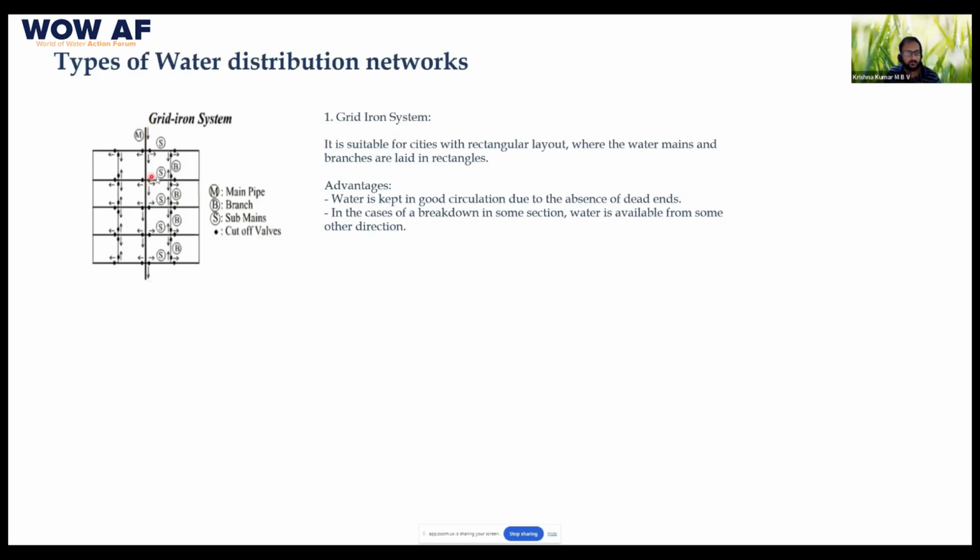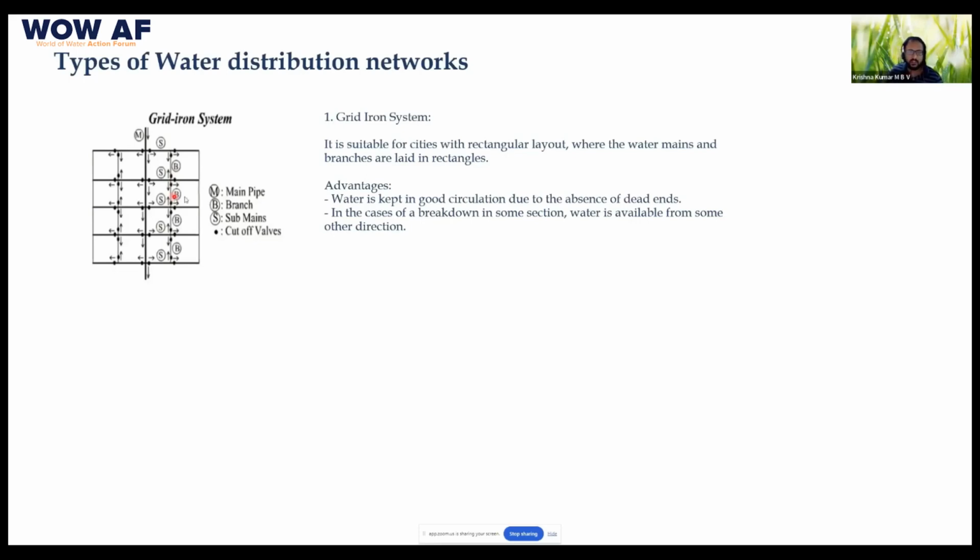And then if you see, you have branch pipes and then sub mains. So you have valves all across, and this is going to be the grid iron system, where this is going to be a planned network, and all your houses, the plots, the roads, everything is planned, and based on which this particular distribution network is designed.